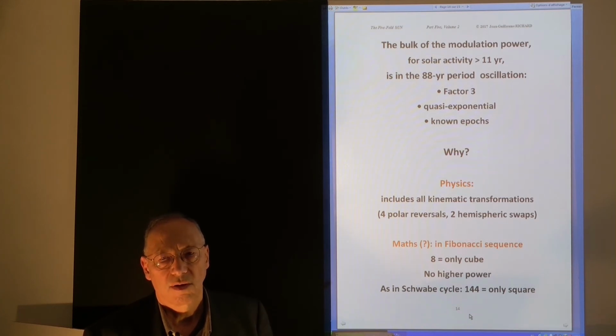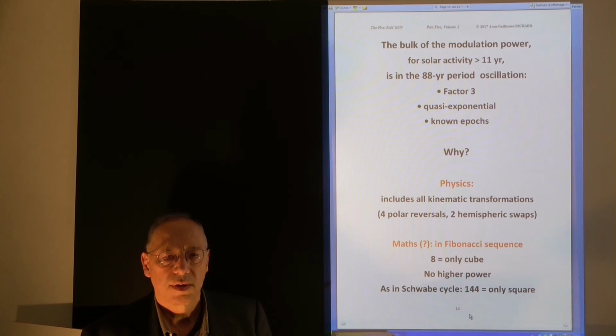This cycle includes all the kinematic transformations of the solar ball which are very simply defined, and which are the 4 polar reversals and the 2 hemispheric swaps. There are not any others that are known. Maybe there is a longitudinal kinematic transformation.